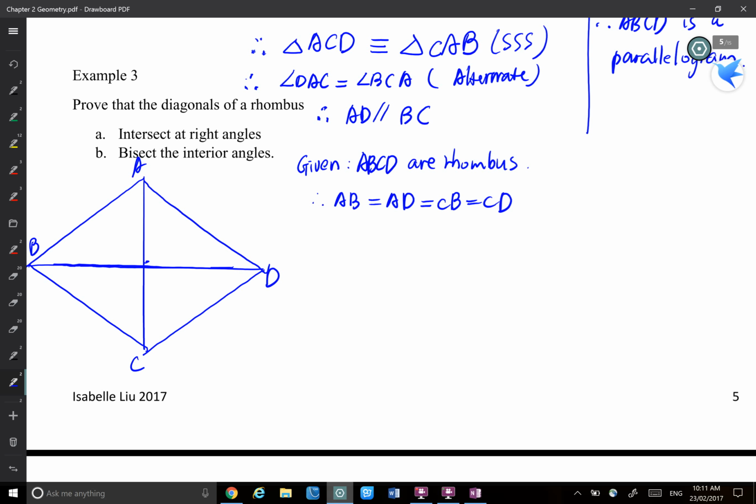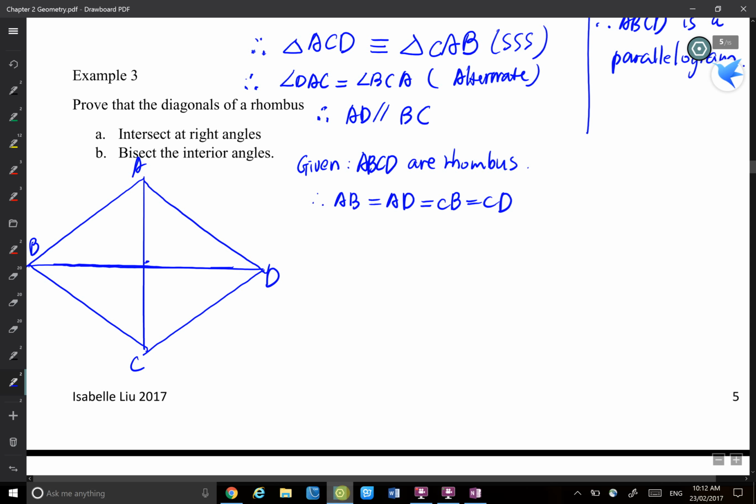Okay, so that's the only information you know. What are other pieces of information you know? A rhombus is a parallelogram, so you can use that property as well.